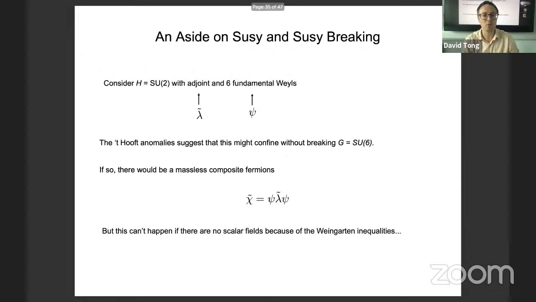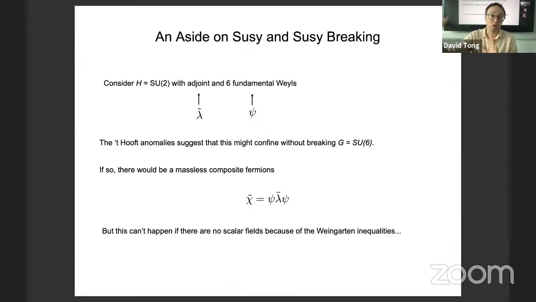All right, so what's the issue? Here's a particular example. This is the example that I needed to gap the standard model fermions. Consider H equals SU(2) with an adjoint fermion and 6 fundamental Weyl fermions. If I add a bunch of fundamental scalars and tune the Yukawas, this is the supersymmetric SU(2) theory that confines without breaking the SU(6) symmetry, if I add the scalars.